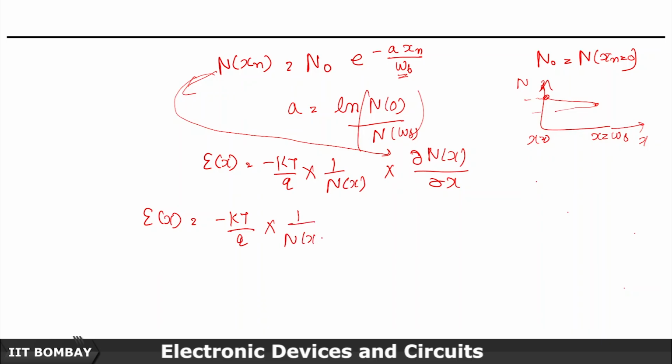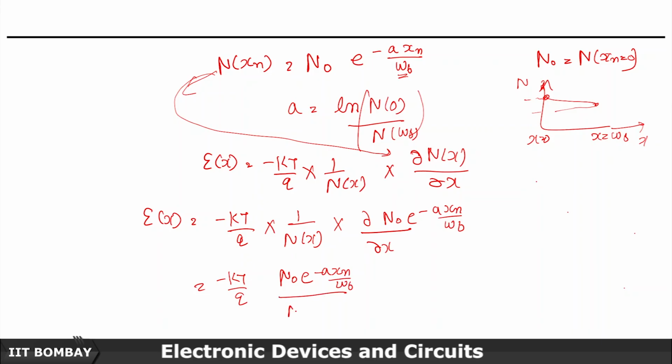One by Nx into the derivative with respect to x, and not e raised to the power minus x by Vb. So what we get is minus kT by q, and the whole expression will come out, minus a by Vb if you just take the derivative of this.